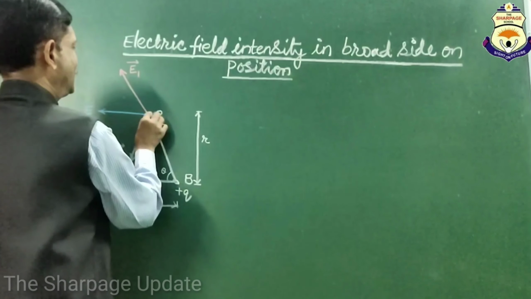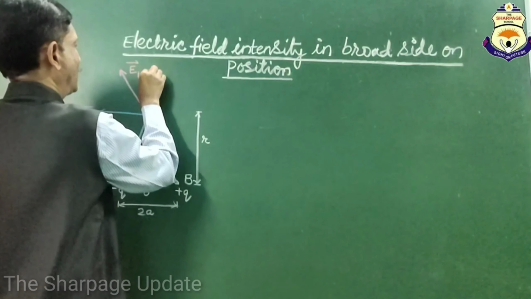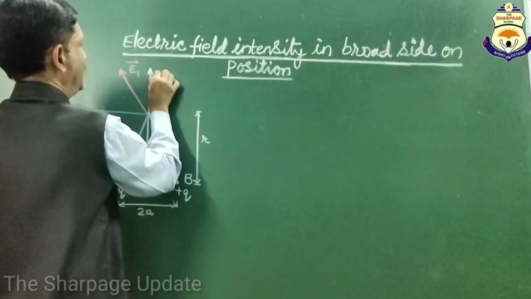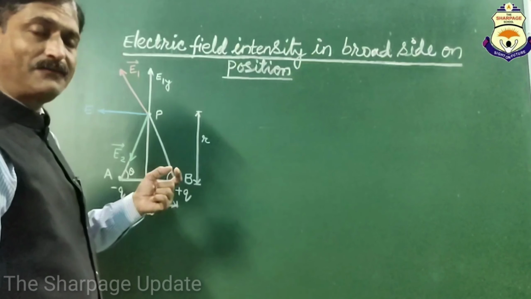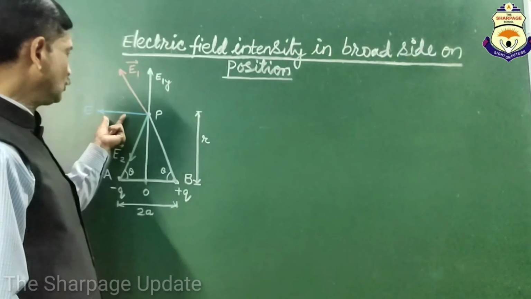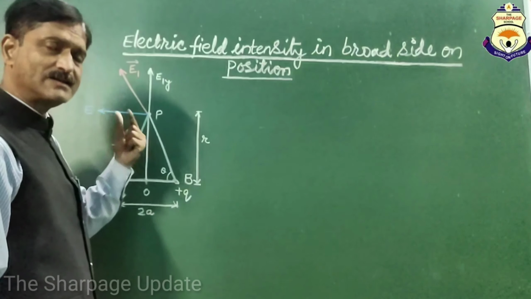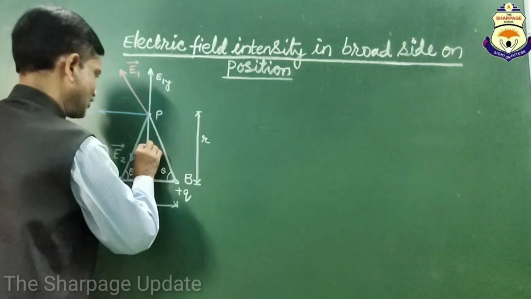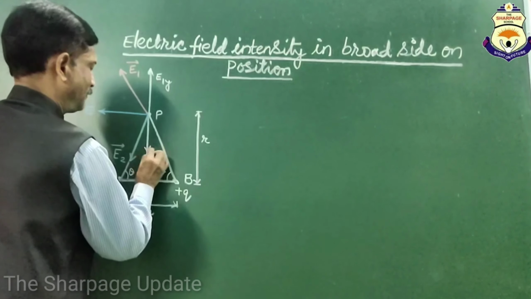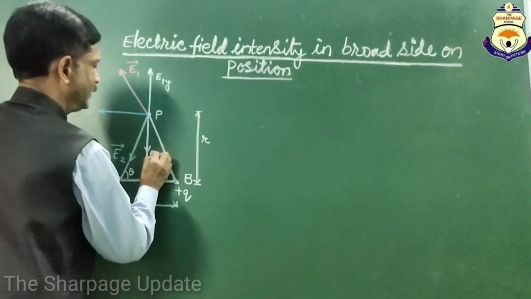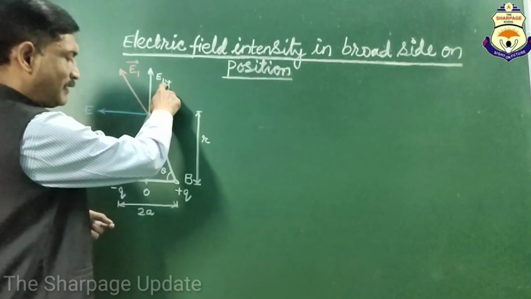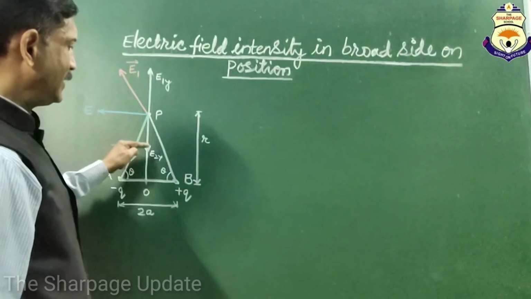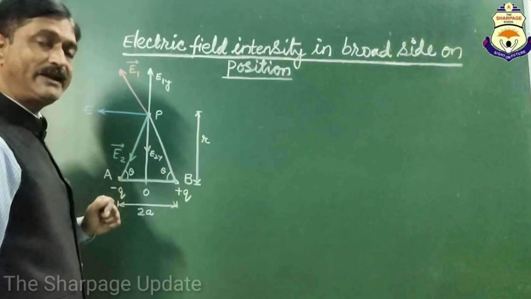Suppose I am representing the vertical component of E1 by E1y, and the vertical component of E2 is represented in this direction by E2y. E1y is the vertical component of E1 and E2y is the vertical component of E2.